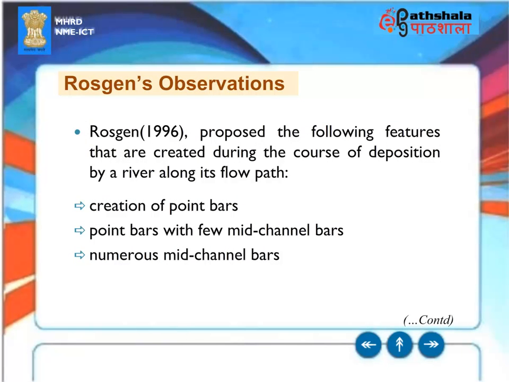Rosgen's observations. Rosgen 1996 proposed the following features that are created during the course of deposition by a river along its flow path.